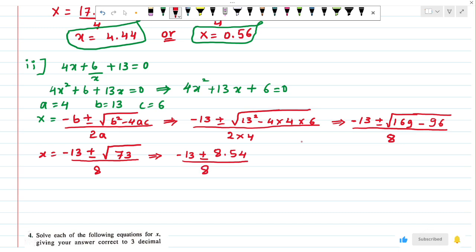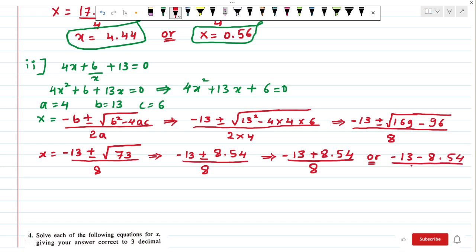So I got the two possibilities here. The first possibility is minus 13 plus 8.54 divided by 8, or the second possibility is minus 13 minus 8.54 divided by 8.